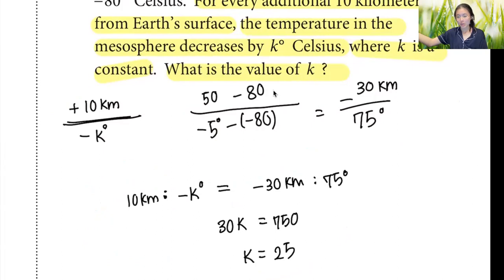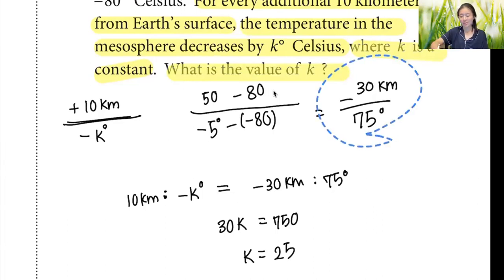We don't need to know anything else besides K. We just want to know K when it's 10 kilometers. And this was obviously not meeting that plus 10 kilometers. It wasn't in that format. So we just needed to find K. And yep, K is 25.